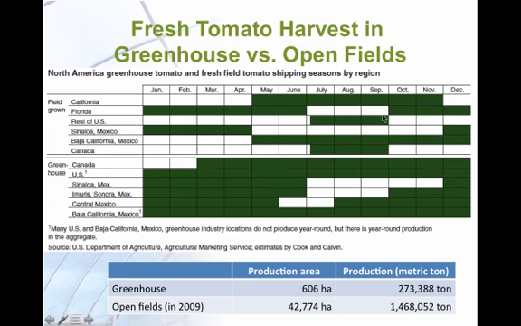For example, Florida production starts in October all the way to June, versus California, on top of the table, starting May to November. So by combining those, shippers or growers can produce or distribute tomatoes year round.